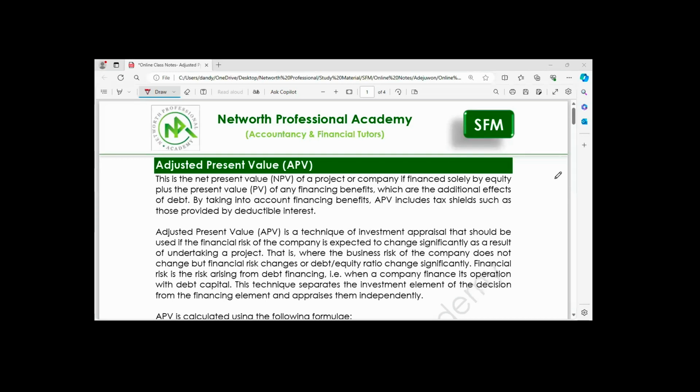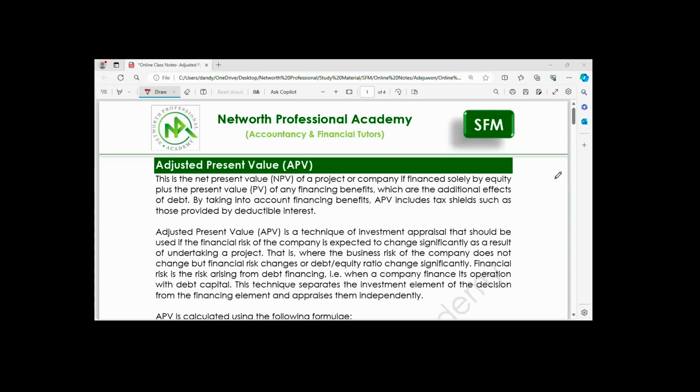Distinctively, APV is a technique that is similar to net present value.